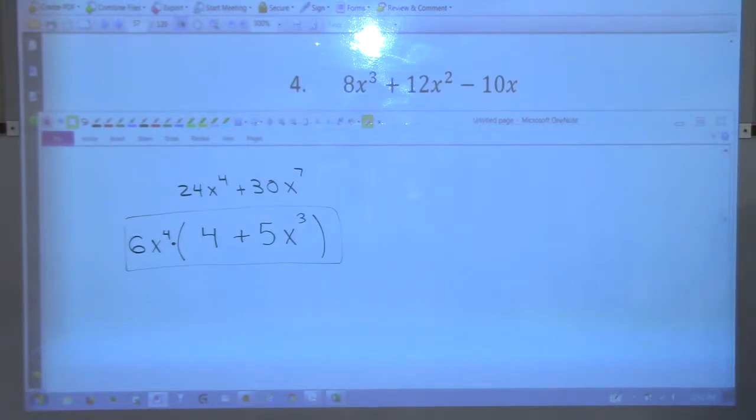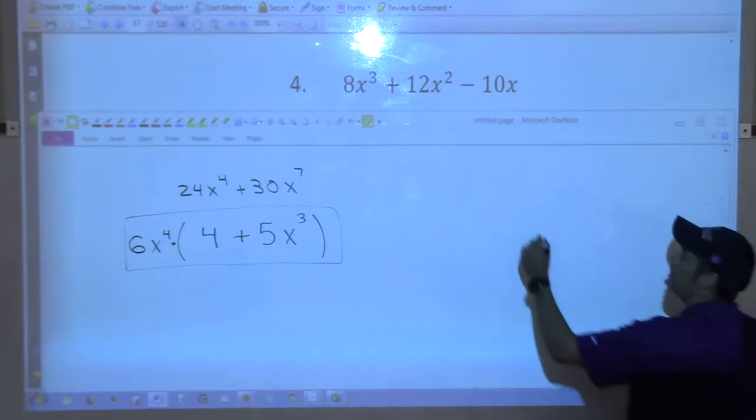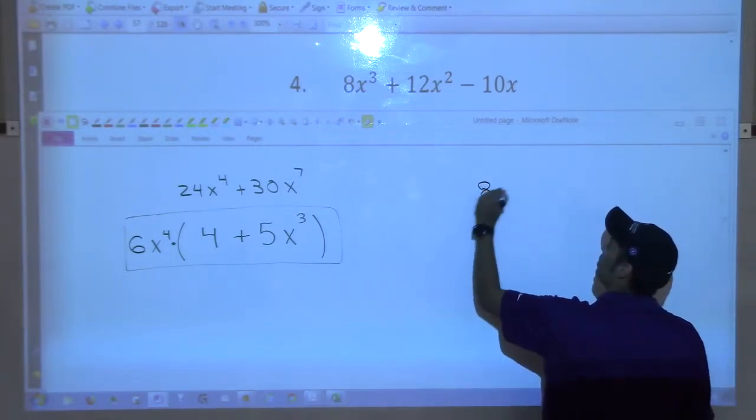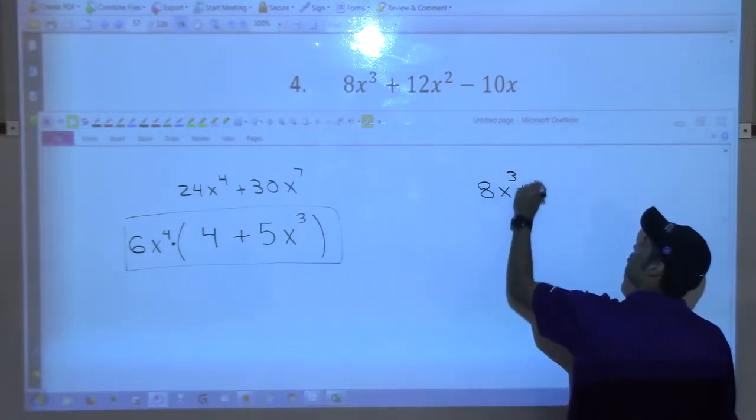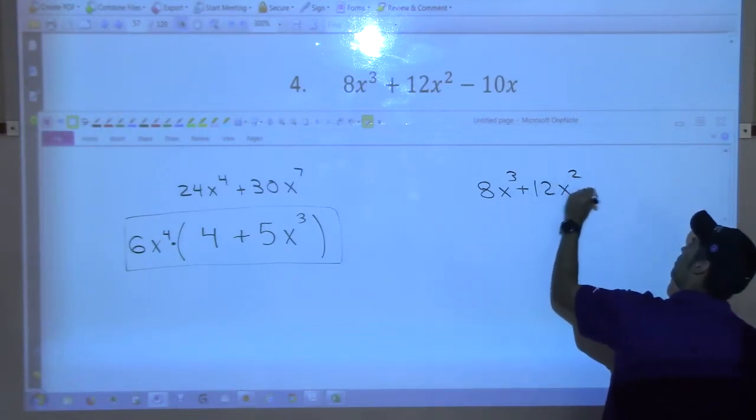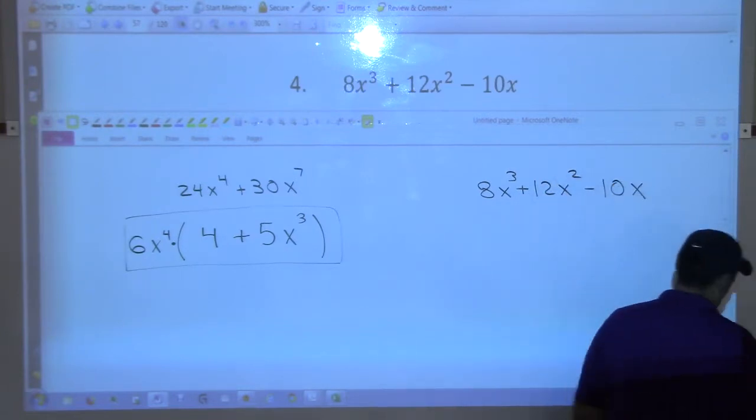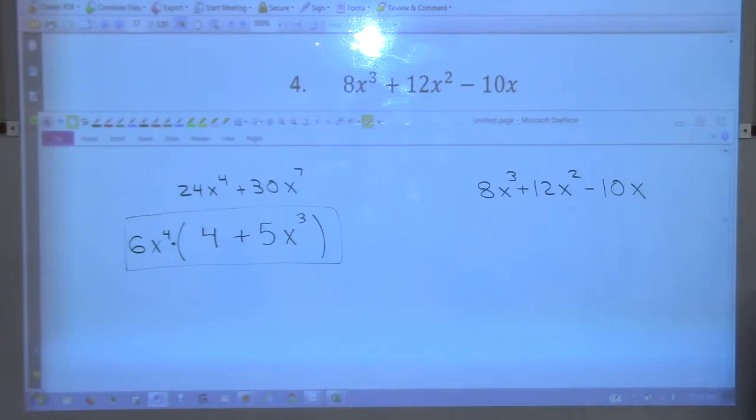Dyson. All right, Dyson. You get this one. 8x cubed plus 12x squared minus 10x. So what are we doing first, Dyson? Okay, which is 4. 2x, okay, 2x.